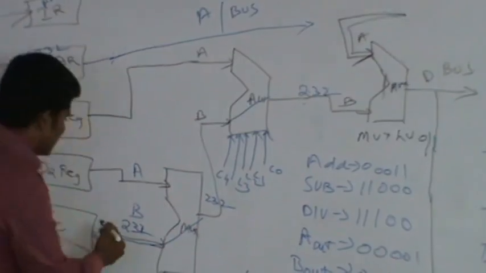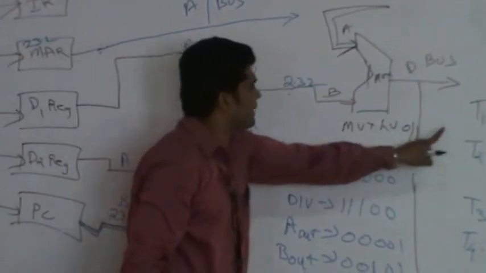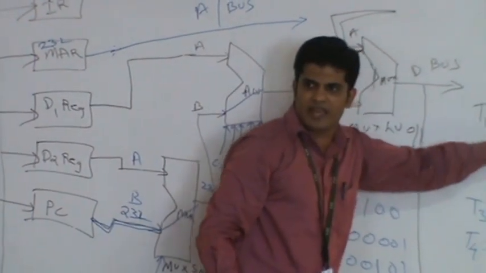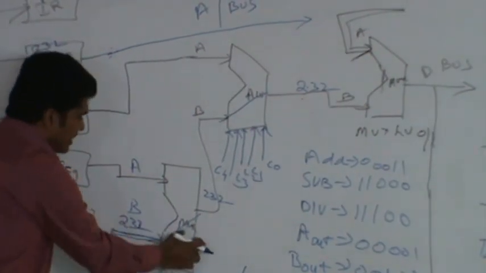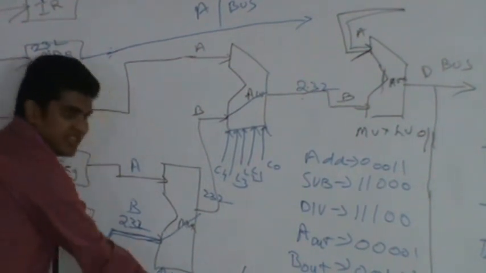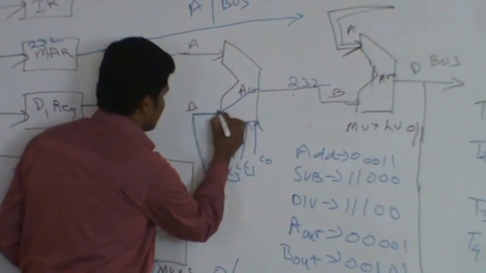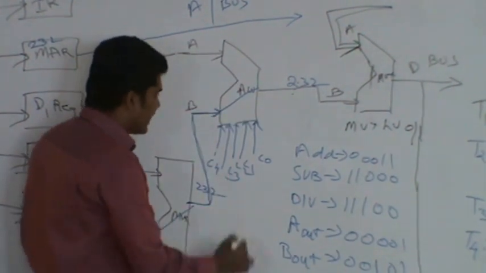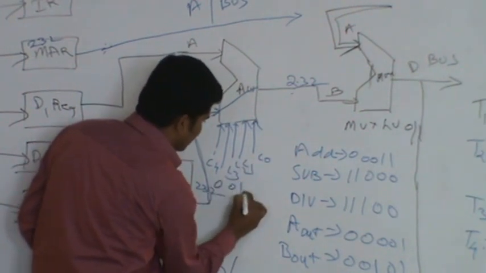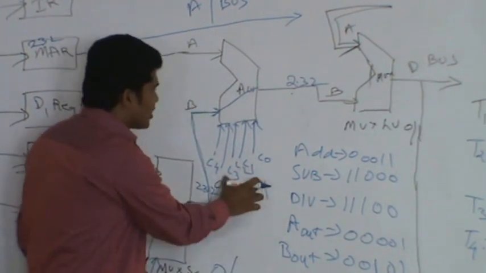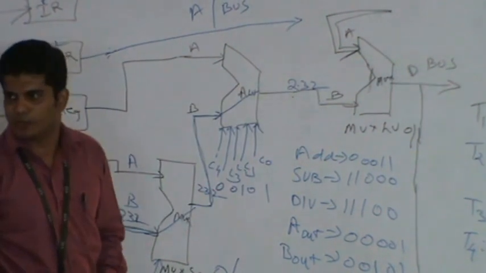So now, what is the data path for this? For the first step, time T1, PC to MAR, we have the data path from PC. It is going to the mux, so mux SA should be 1, and this line should be selected. Because it's B, the code is 00101. If this is the code, it will just transfer the contents of B to the output.